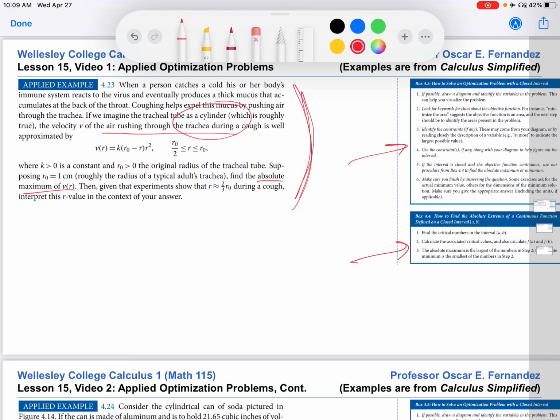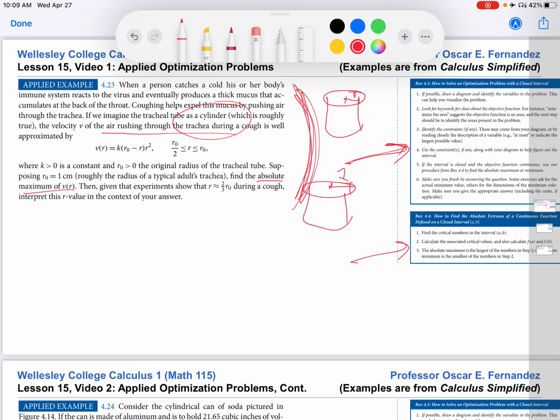On the other hand, right, and this is part of what we'll say about this box in the next couple of videos, if you have some picture in your mind, or if you have some diagram, if you have some way to connect with what the prompt is telling you, that will help you to get some sense of what is going on in the question. So, even at the beginning when we drew this picture and we were looking at the tracheal tube and modeling it as a cylinder, it's useful then to think, oh, it's starting off at 1 centimeter.